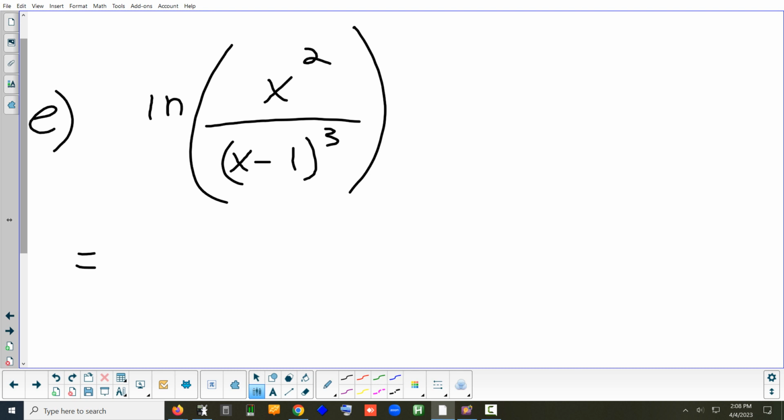So when we look at what's happening inside the parentheses, there's a few things happening, but what operation do you see in there right away? Division, right? If you see a division, you deal with the division first. So we're going to have 2 ln's. Dominic said it's division, so we're going to put a subtraction sign.